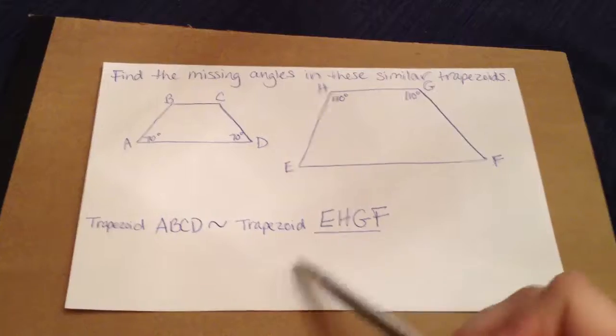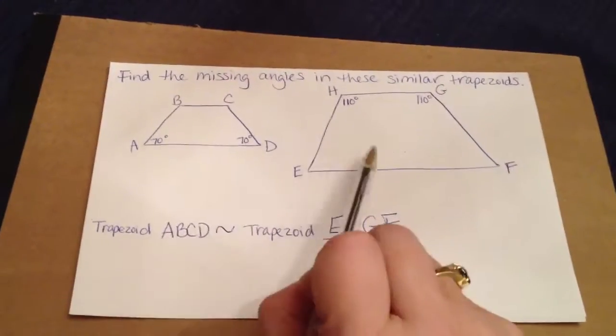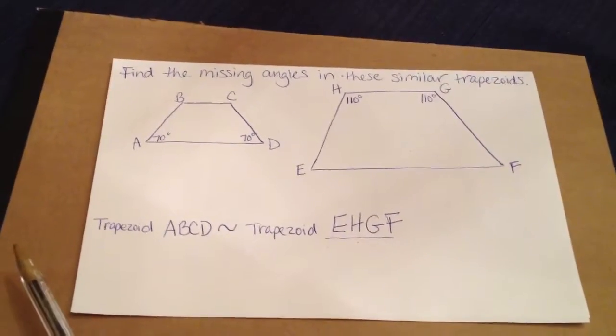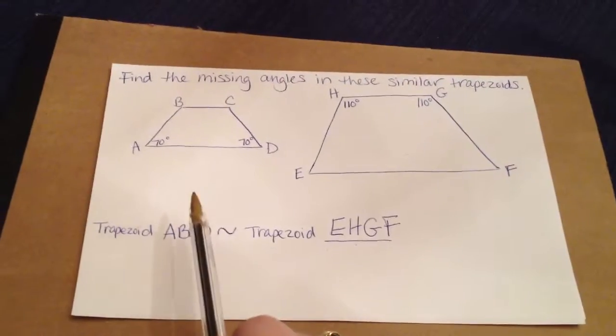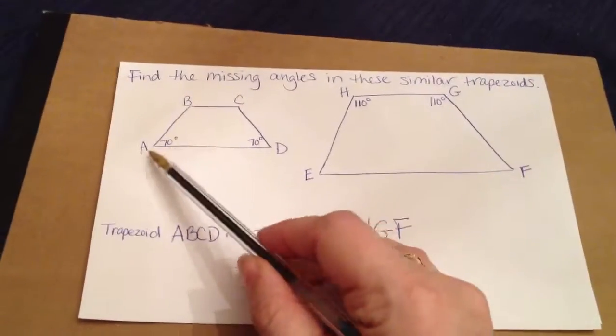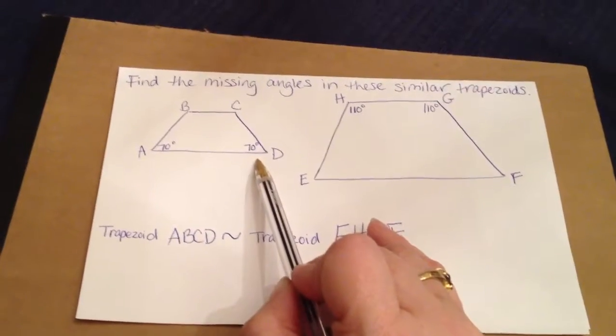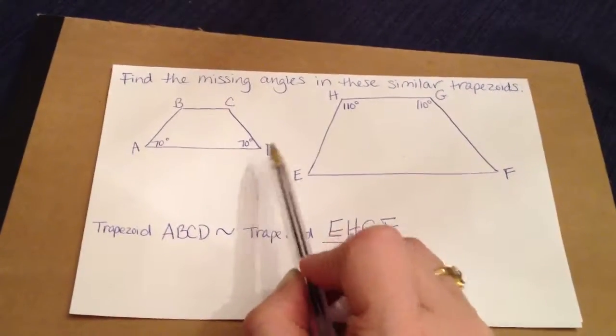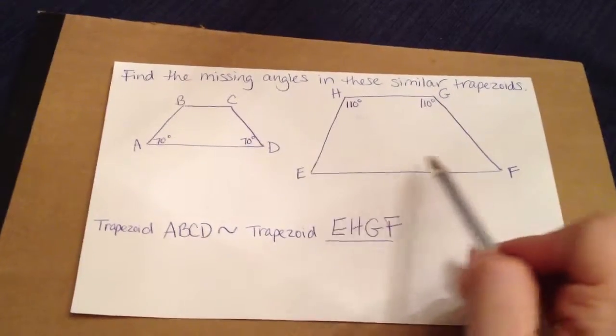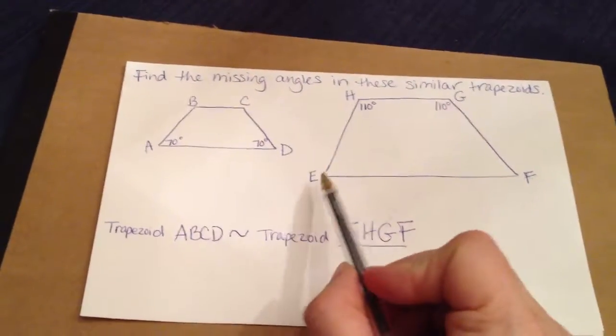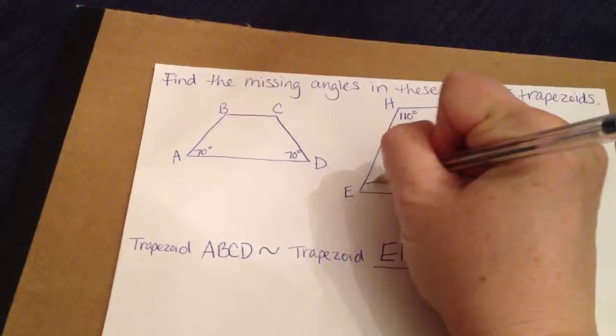The other thing I can do with these two similar trapezoids is determine the missing angle measurements. Here I know that these two angles are 70, they're both equal, which means that the corresponding angles in the larger trapezoid are also the same. So angle E must also be 70 degrees.